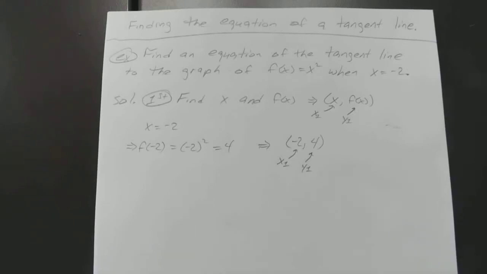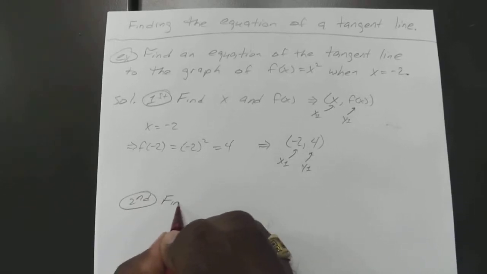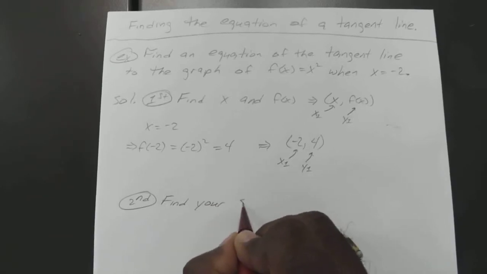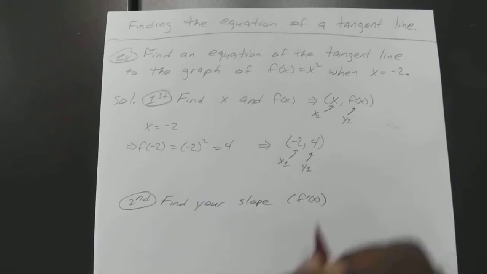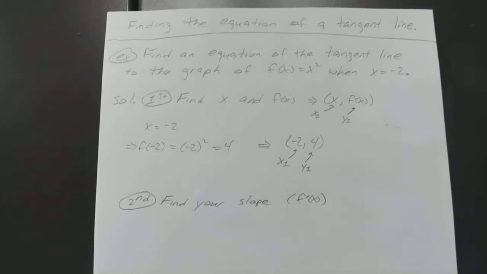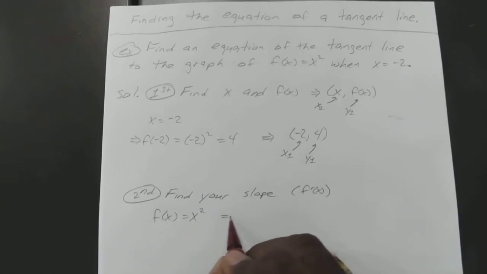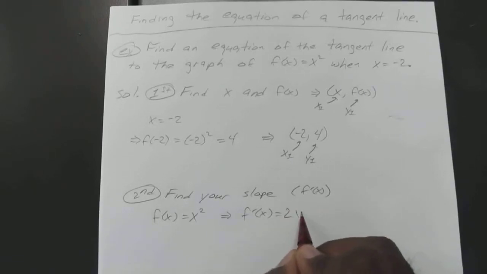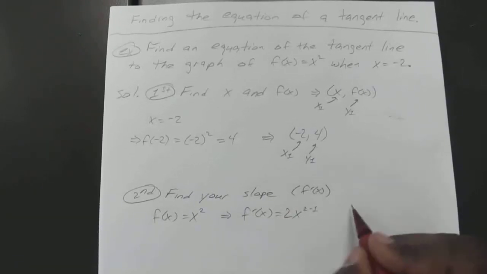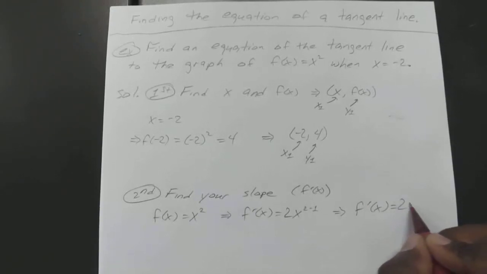Okay. So next, you're going to find your slope, which is your f prime of x. Okay, so we know if our f of x is x squared, then your f prime of x is going to bring down the 2. So it means your f prime of x is just 2x.